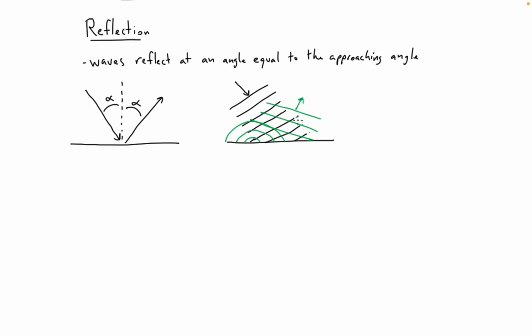I didn't draw it perfectly, but maybe you can get the idea, right? So it's like a mirror image of refraction, and the velocities are the same. Everything here is the same velocity. So what happens is you get equal angles on both sides.